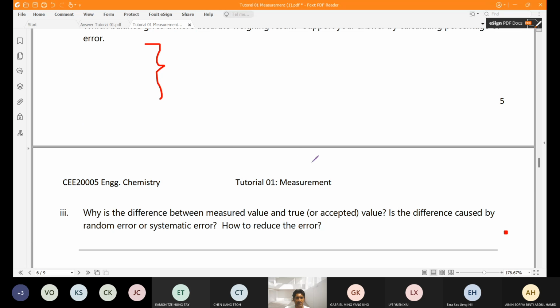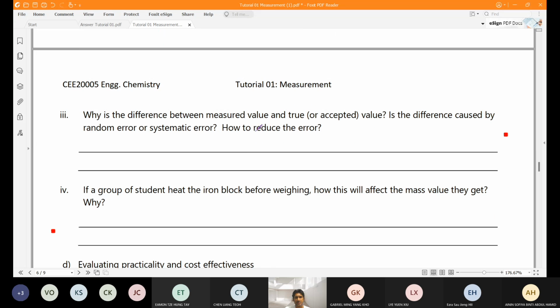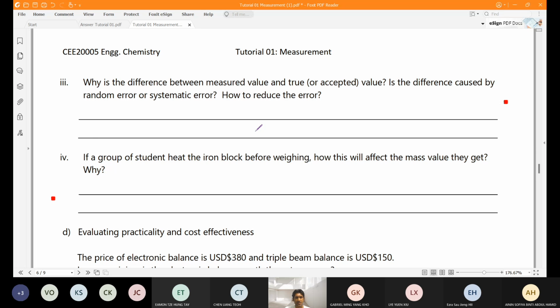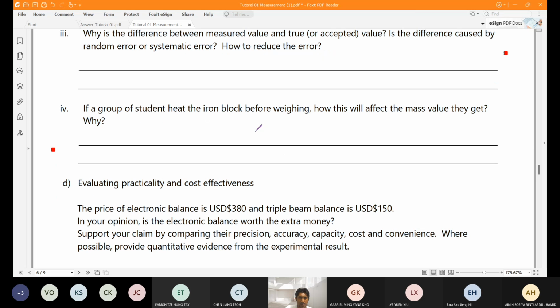The triple beam balance is giving us more error, I think, if I'm not mistaken, and the electronic balance is giving us a better result, less error, probably because of calibration.